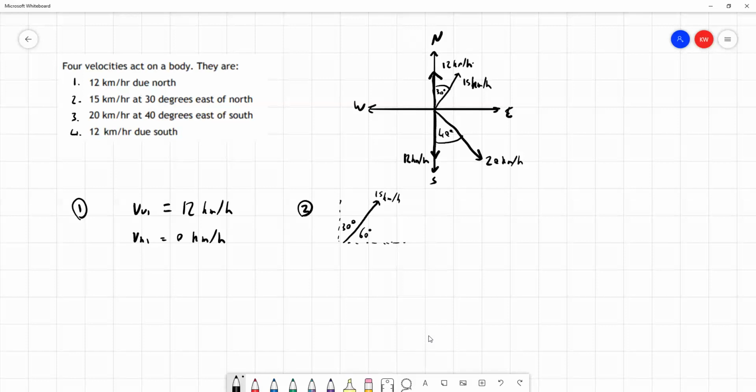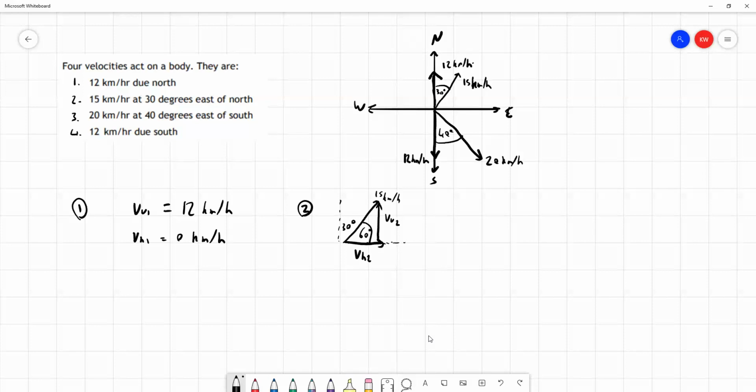So let's draw in our horizontal and vertical components. We're going to have VH2 here, the horizontal velocity of vector 2, and we're going to have VV2, the vertical velocity component of vector 2, and we're going to use trig in order to find this. If we want to find the vertical component, first of all, we can recognise that this is a right angle triangle.